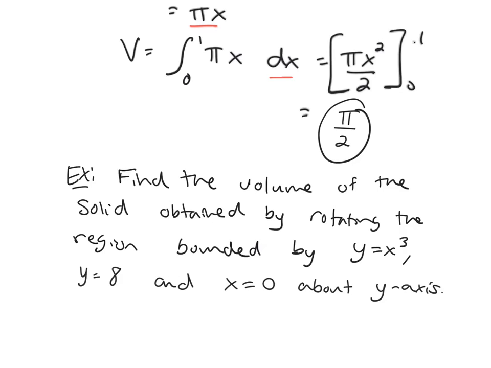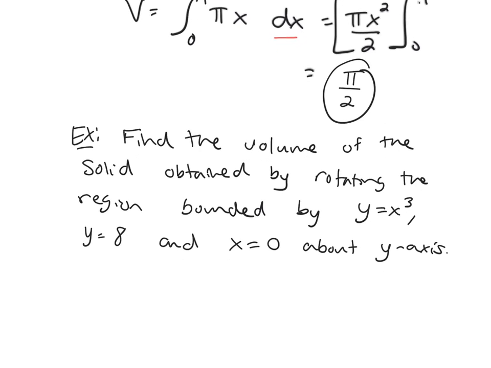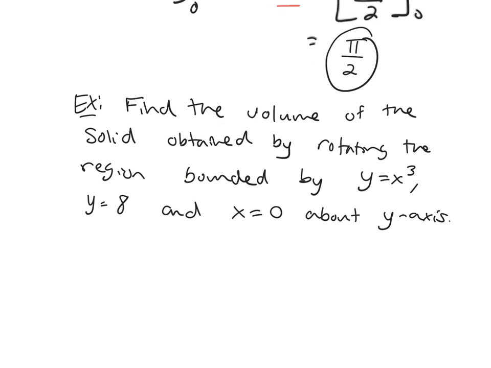So I need, again, a picture of my region to start with if I'm going to figure out how to set up this integral. We have these three equations here: y equals x cubed, y equals 8, x equals 0. If I find the intersection points of y equals x cubed and y equals 8, you're going to get x equals 2.